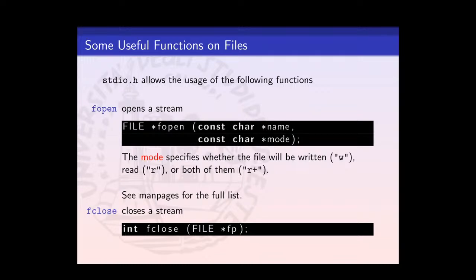And of course, once you have opened a stream, you may want to close it. Why? Because the stream is a layer in between the real file and your program. So it may be the case that you ask your program to write something in the file, but it hasn't been done yet.